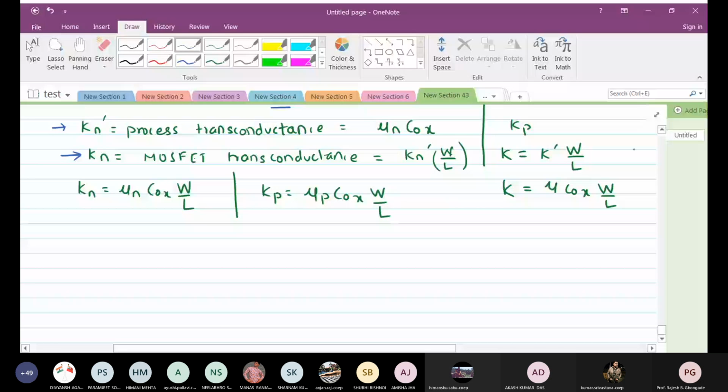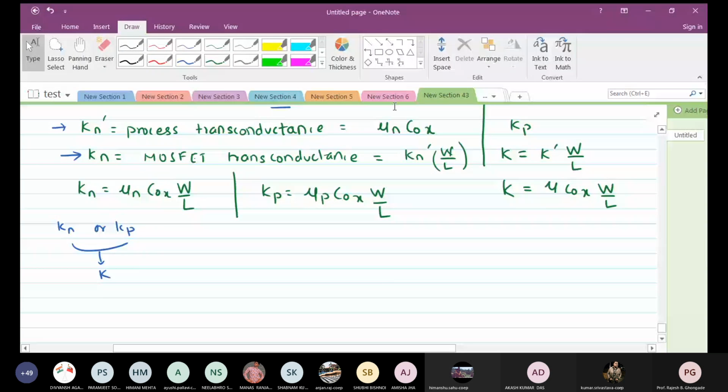If I want to talk in general terms, I'm calling it K. Is that clear? Yes, sir. Okay, so now we have got equations for the drain current in triode region as well as in the saturation region. So now we are in a better position to understand the device and use it for our applications.